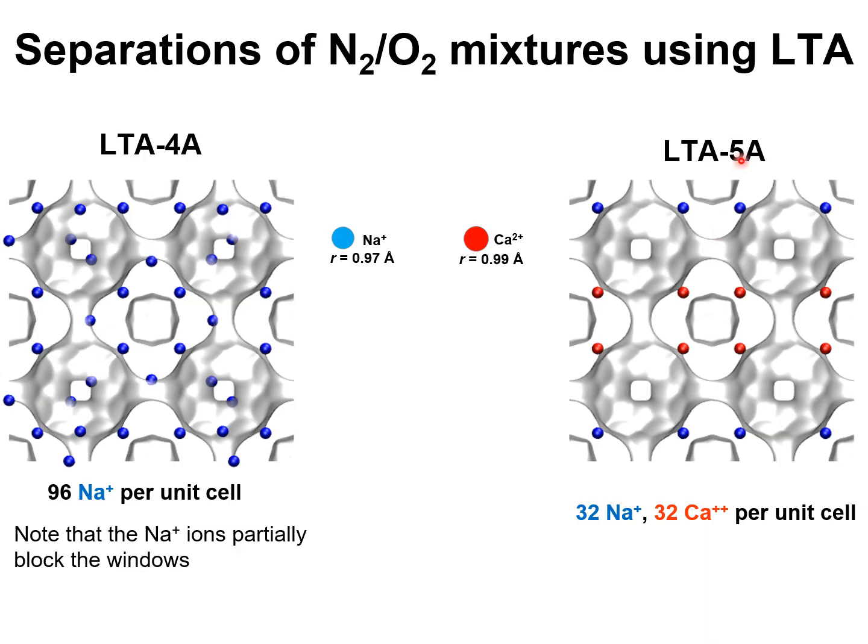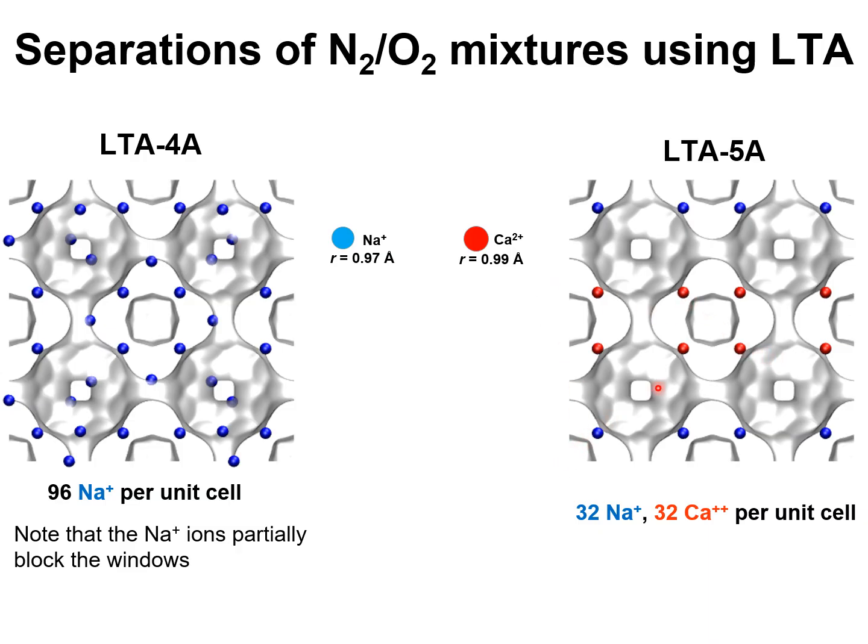LTA5A zeolite, on the other hand, has 32 sodium cations per unit cell and 32 calcium cations per unit cell. The locations are shown by the blue spheres. These are the sodium cations, and the red spheres indicate the calcium cations.